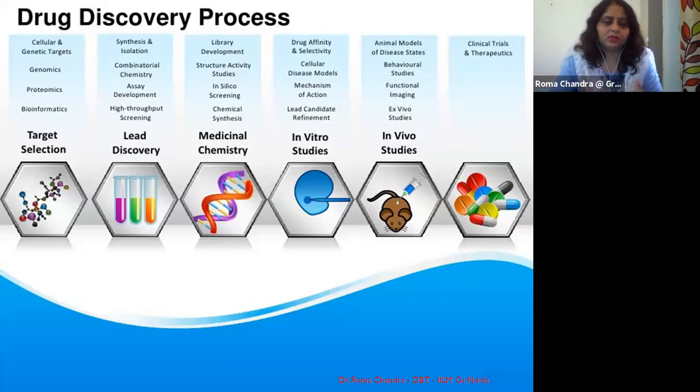So based on this, we can go while constructing a QSAR model. There are various steps, but the main purpose is the improvement of the structure of any compound before the actual development of that lead compound, that will be a probable drug in future.